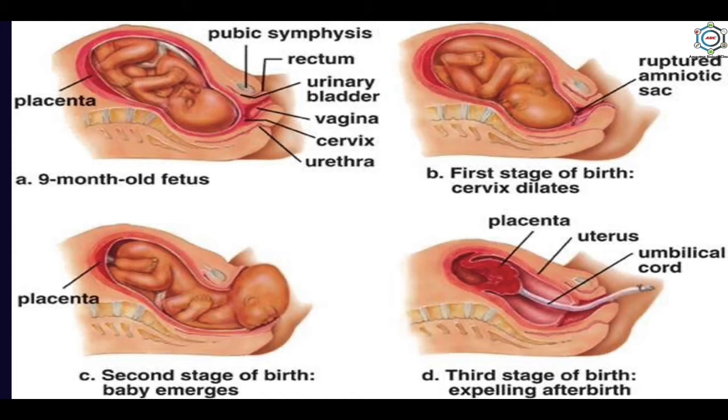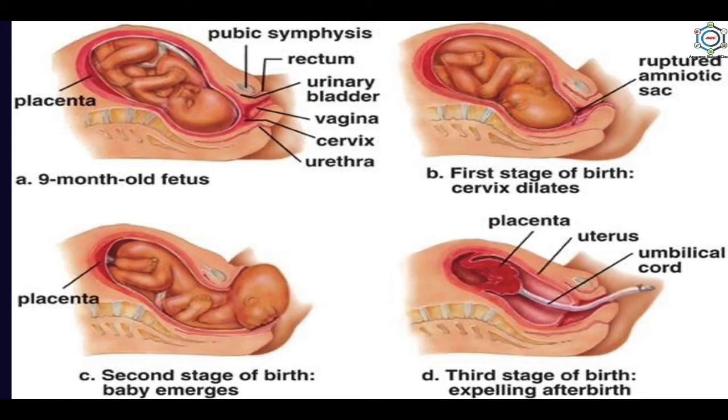Now, the amnion and chorion rupture. The amniotic fluid passes out, lubricating the vagina, and the fetal placenta is pulled out from the uterine wall, making the young free. Then the next stage, the second stage of birth, which you can see in the picture, is known as expulsion. It lasts for about 20 minutes to 1 hour.